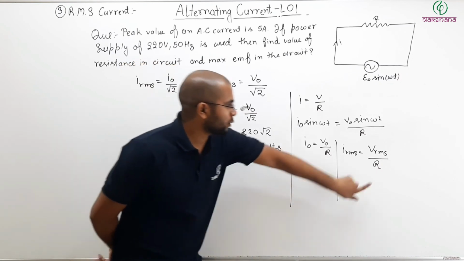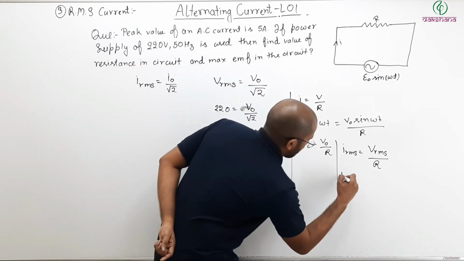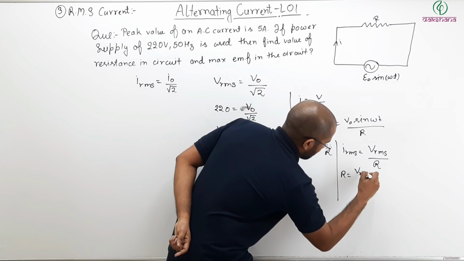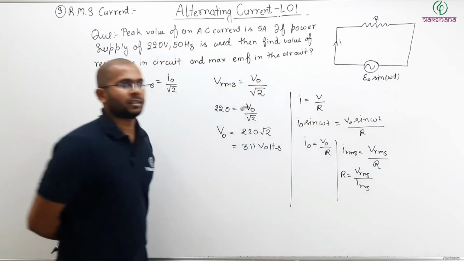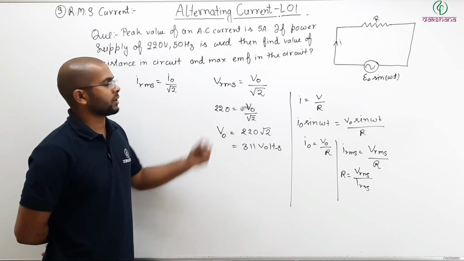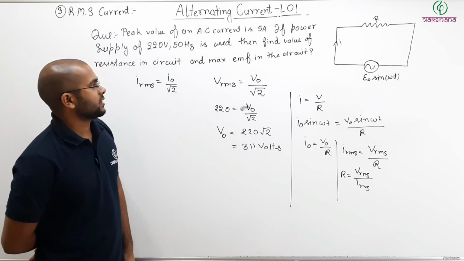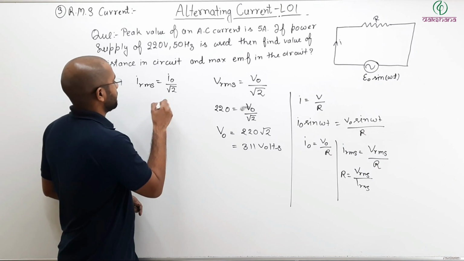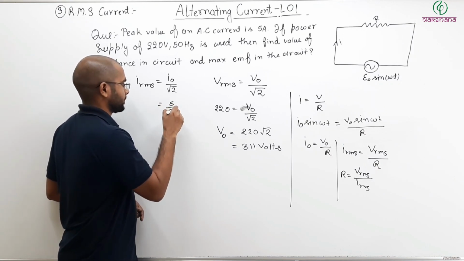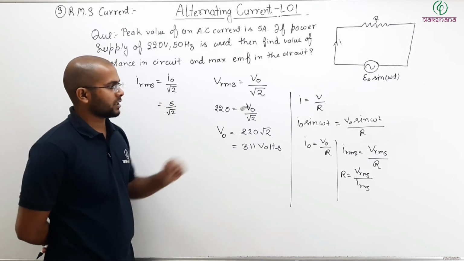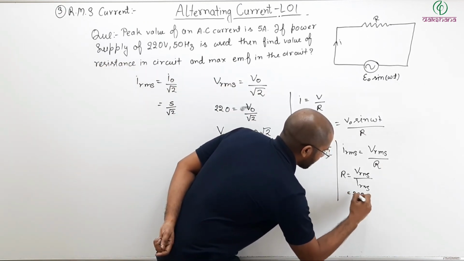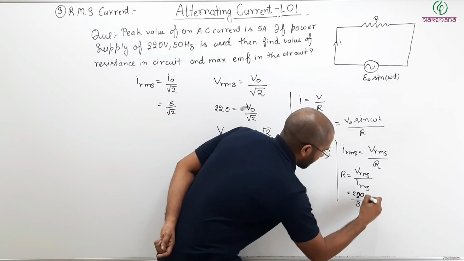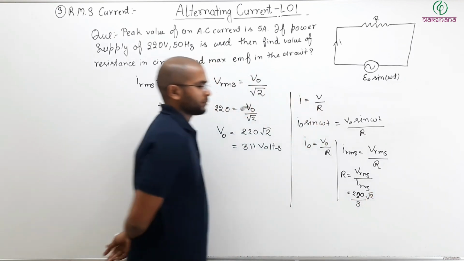So if I want to know the R, then R is nothing but VRMS divided by IRMS. What is VRMS? 220. What is IRMS? IRMS is 5 by root 2. So what is resistance? Resistance is nothing but 220 divided by 5 root 2.